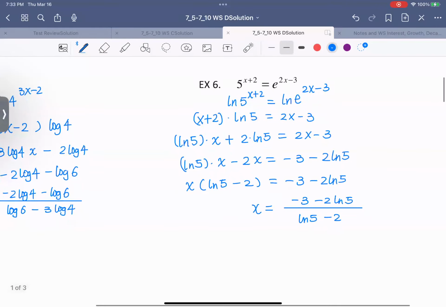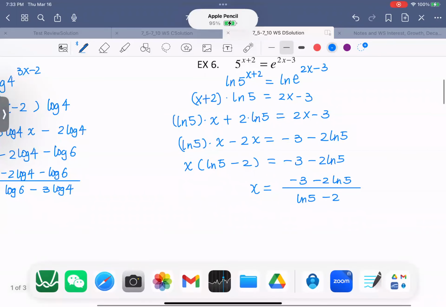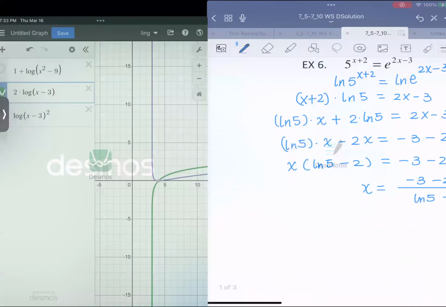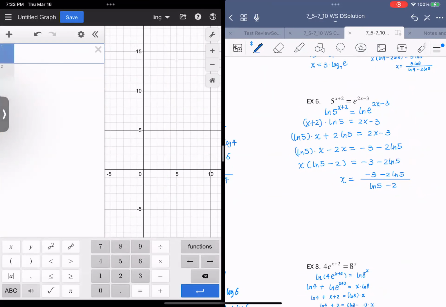Okay. That's it. You might wonder, well, what does this mean? Why do we need to solve this? So you can see on the left is 5 to the power of x plus 2. This is the graph on the left.